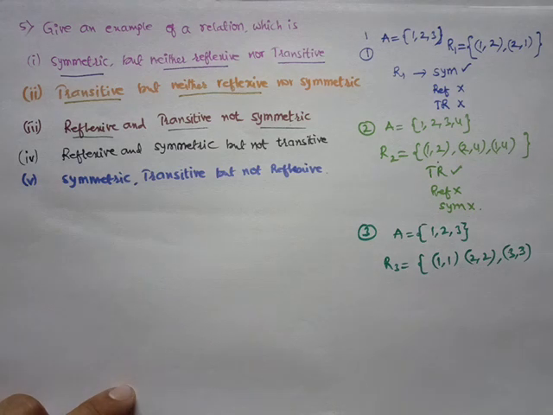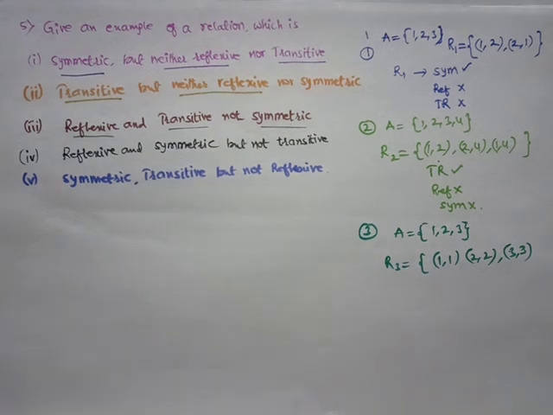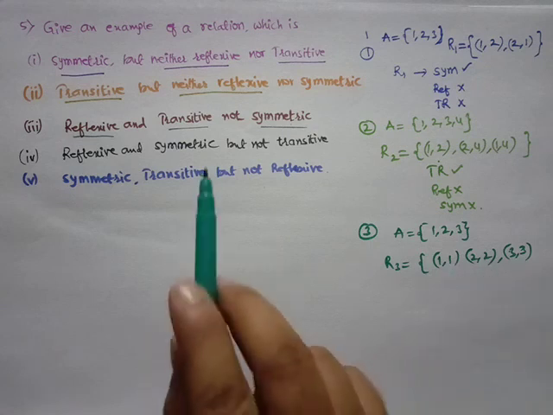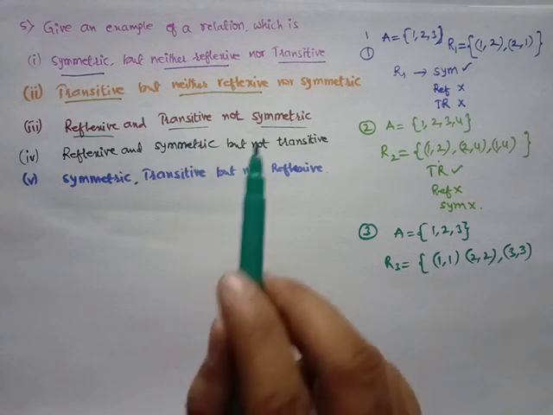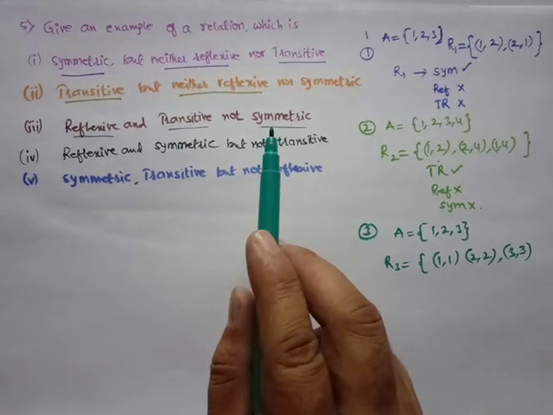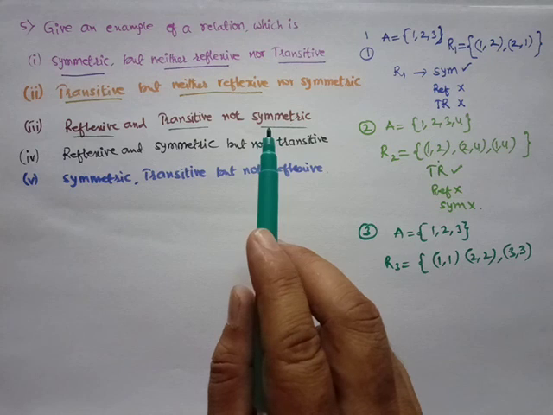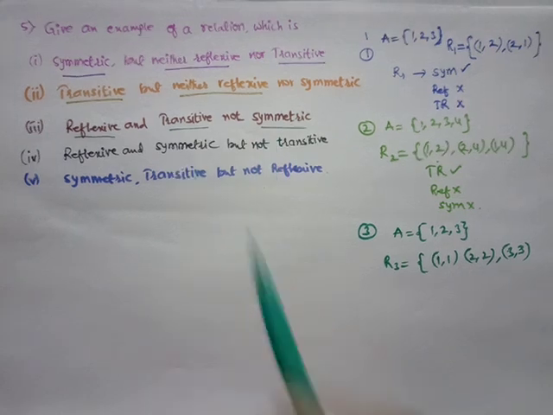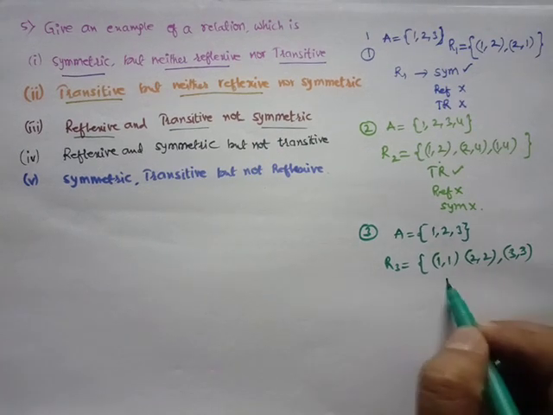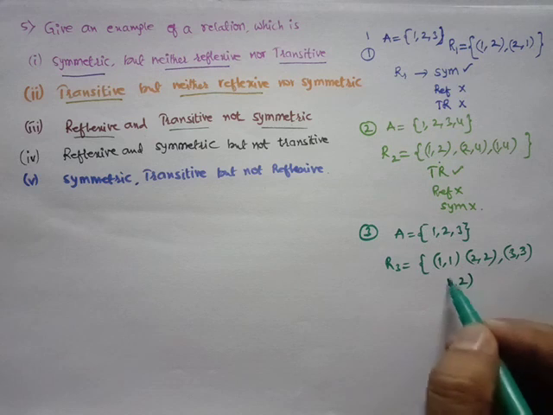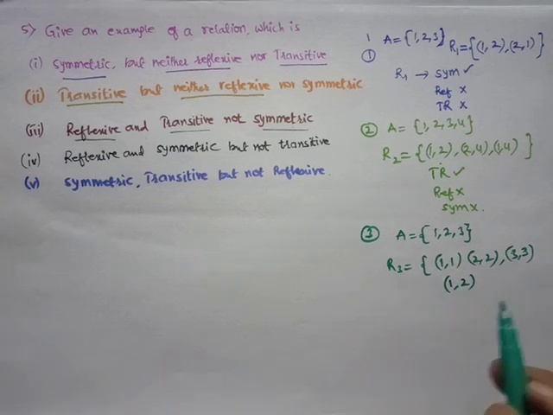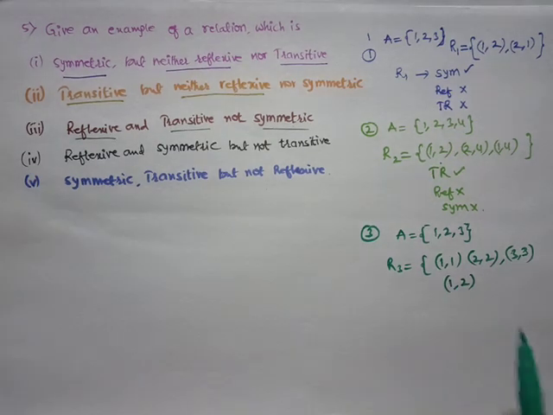So (1, 1), (2, 2), (3, 3) are taken, and to make it not symmetric, if (1, 2) is taken, then (2, 1) should not be taken.